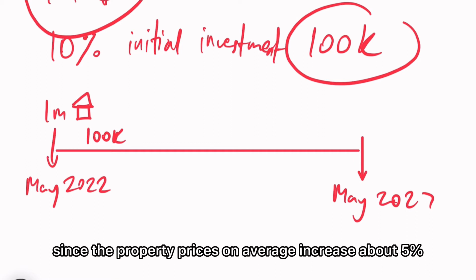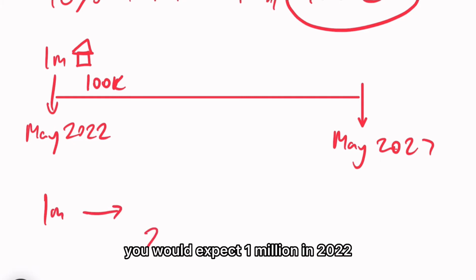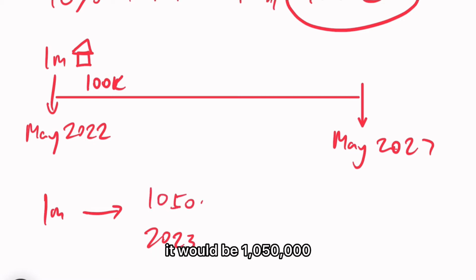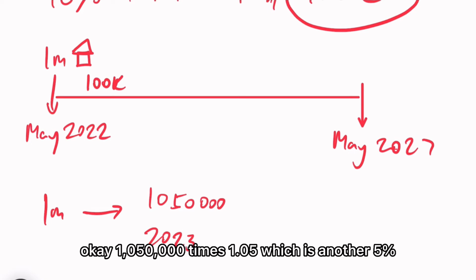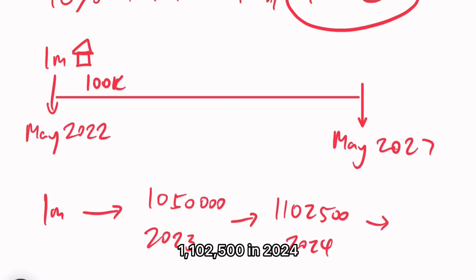Now since property prices on average increase about 5% in Singapore, you would expect 1 million in 2022. By the time it reaches 2023, it would be 1,050,000. Then 1,050,000 times 1.05, which is another 5%, is 1,102,500 in 2024.